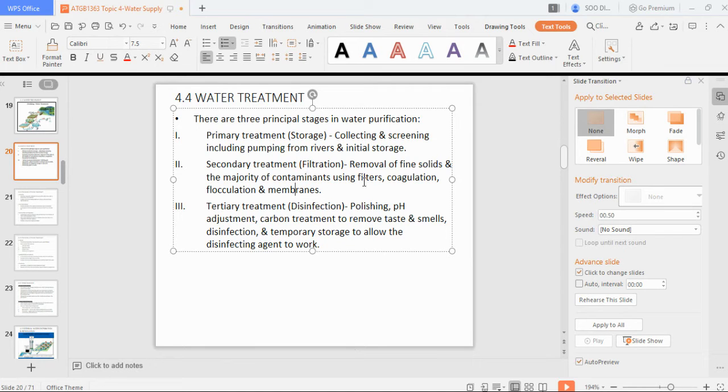We want to remove all the contaminants in the water. Finally, we have our disinfection, which is our tertiary treatment. We want to polish it, adjust the pH, and use carbon treatment to remove the taste and smell. We want to disinfect it, and then we want to store it. So these are the three primary stages in water purification.